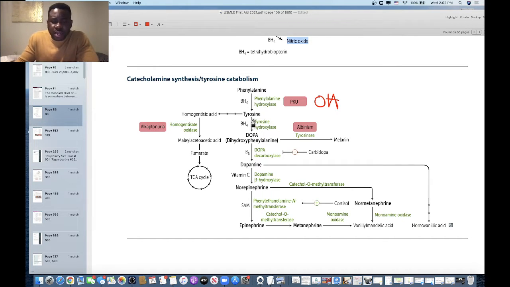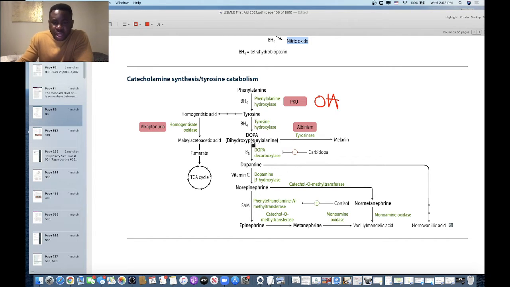Now tyrosine can be used to make dopa, and dopa means what? Dihydroxyphenylalanine, because we are adding another OH.